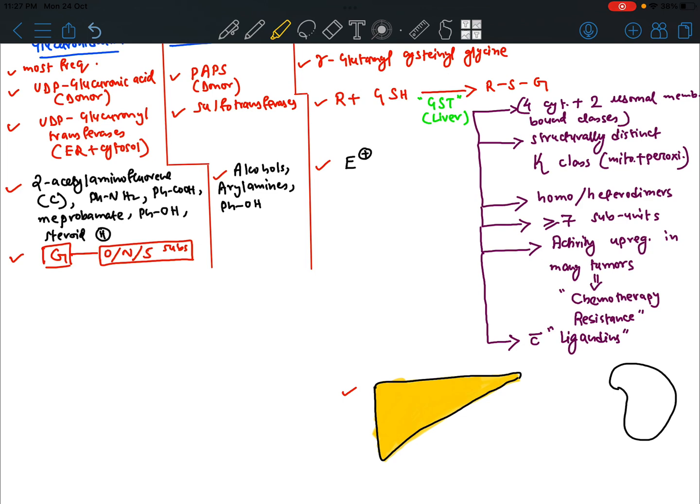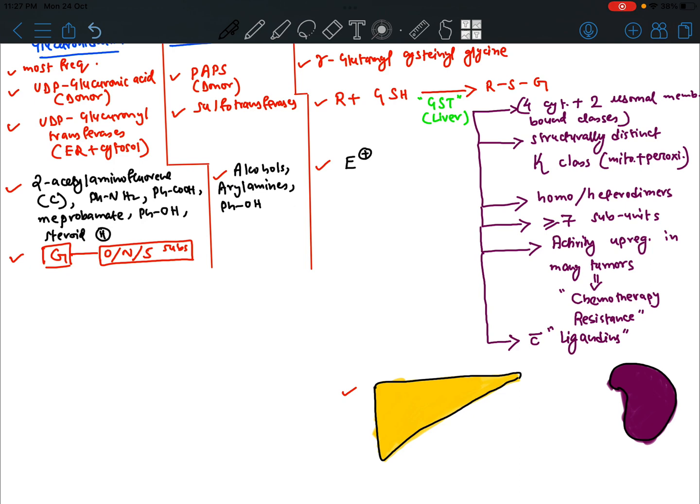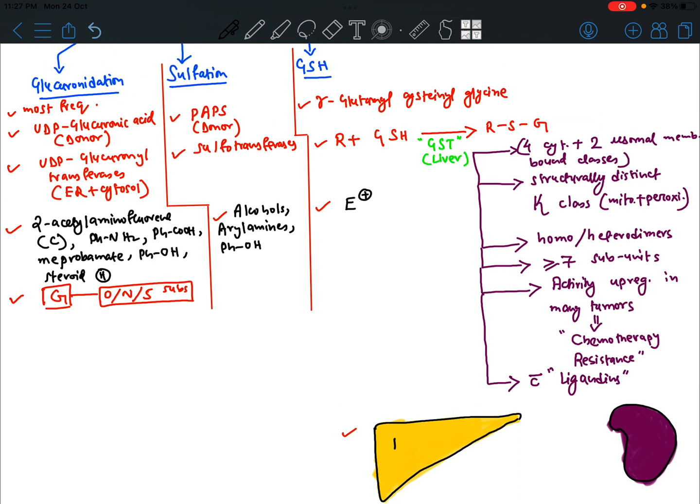What basically happens is that RSG, if it's formed in the liver, goes out of the liver and forms cysteine sulfur conjugate.